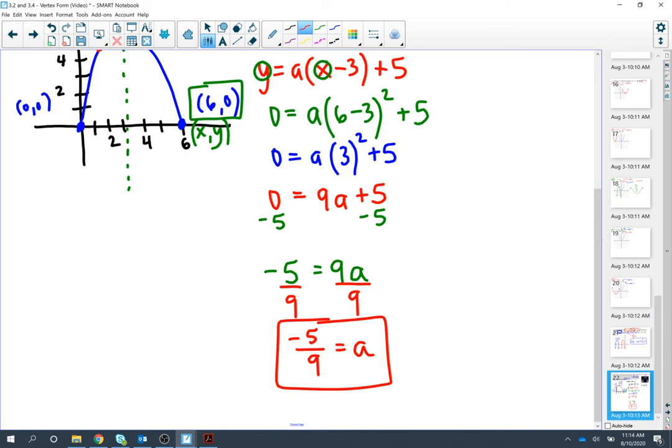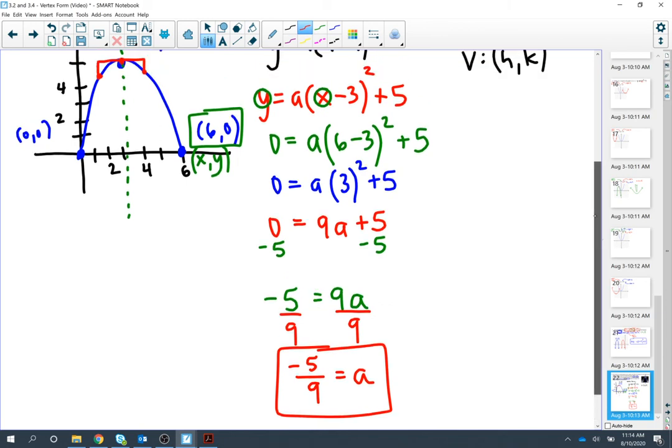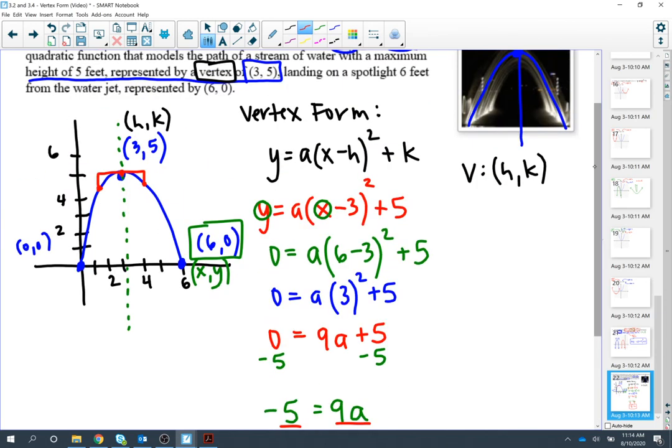Now that I know that, I have to go back up to my function. And I've got a couple different options. I've got my basic vertex form. I don't want that. There's nothing in there. Then I've got this, which has my h and my k. It's got my x and my y, but it doesn't have a. So I kind of like this one. Or I've got this thing down here that has like a 0 and a 6 and all that stuff in it. Think about what an actual function or equation looks like. And the one we're going for here is right here.